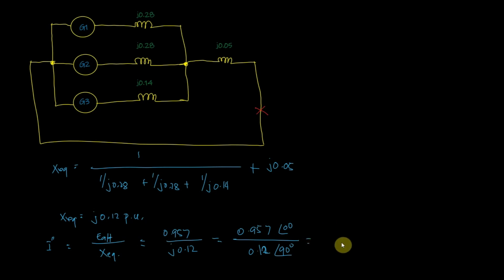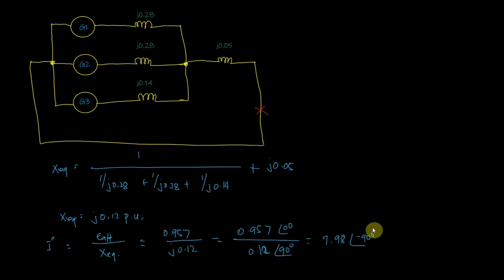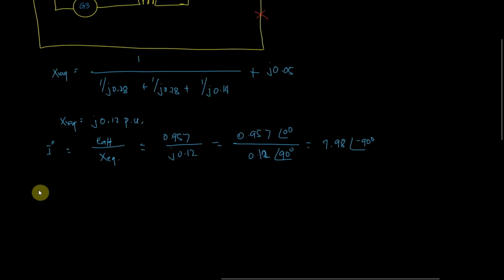So equal to, pag kinalculate natin yan, lalabas dyan is 7.98 angle negative 90 degrees. So therefore, yung ating sub-transient current or fault current sa point of fault is equal to negative J7.98 per unit.